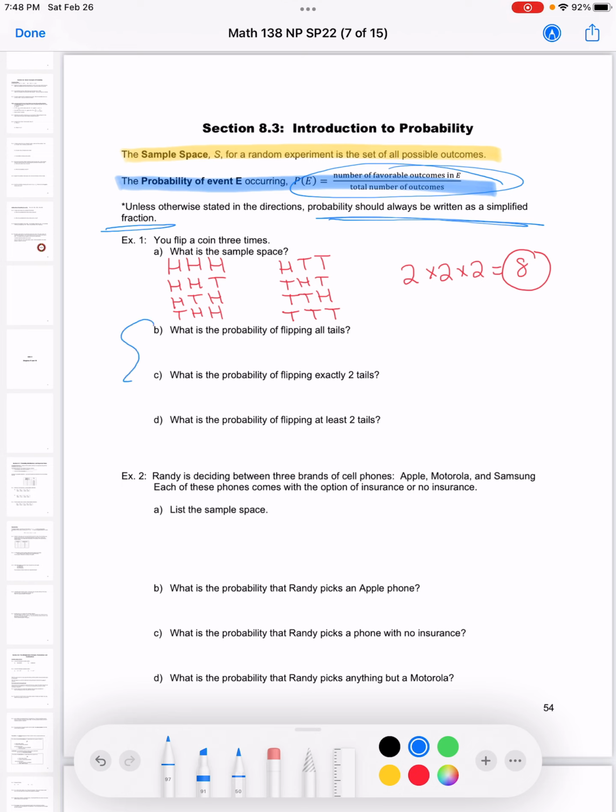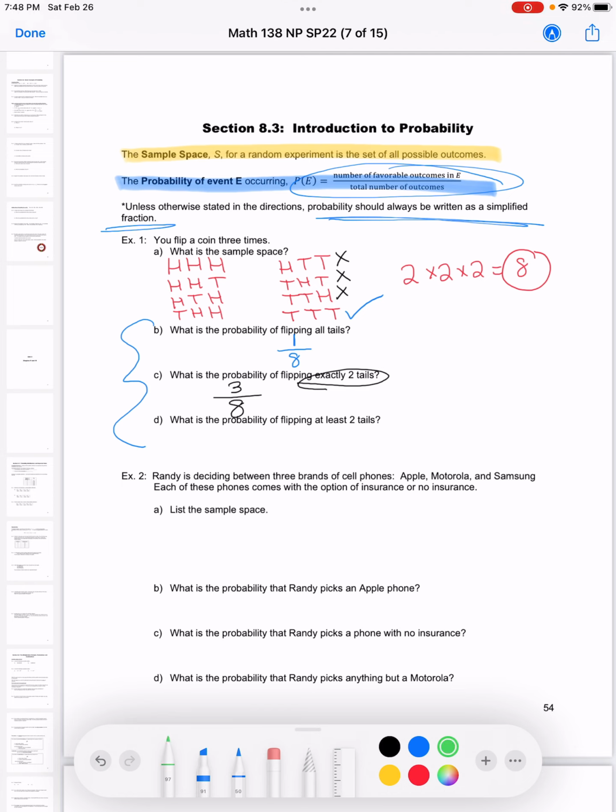So coming down to look at the rest of this example 1, the probability of flipping all tails. There's only 1 of these that is all tails. So that is 1 good thing over a total of 8 possibilities. The probability of flipping exactly 2 tails. So I've got 1, 2, 3 of those. So there's 3 options over 8 total.